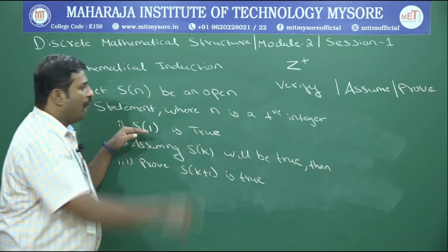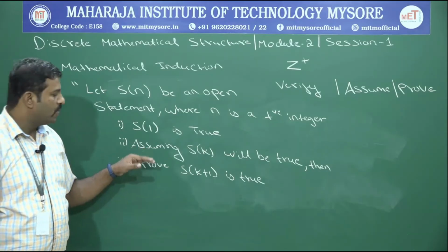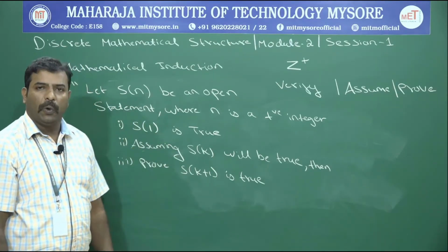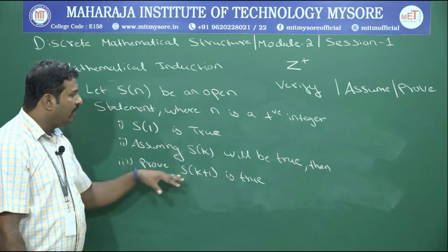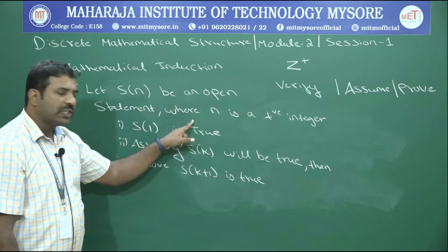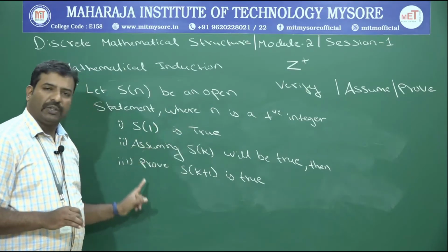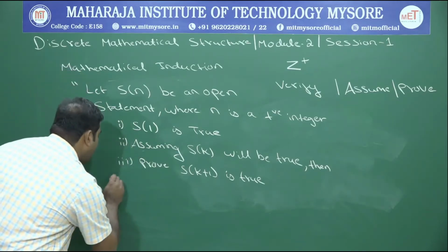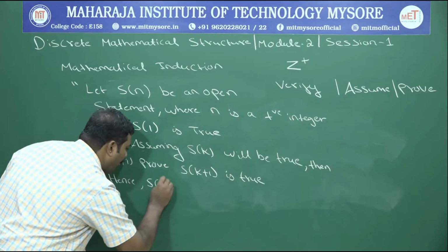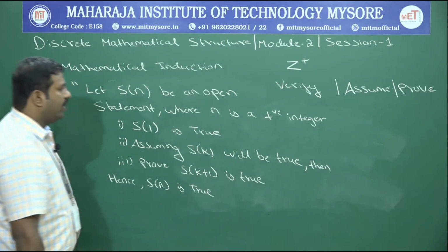Fine. Hence, verify the very first step, assume the second step, so prove the step 3. Now this is what the statement will go with. Fine. So if the statement is an open statement and it is going to work only with the positive integers, and these 3 conditions hold good, hence I am going to say S of n is true, or I can say S of n is proved.